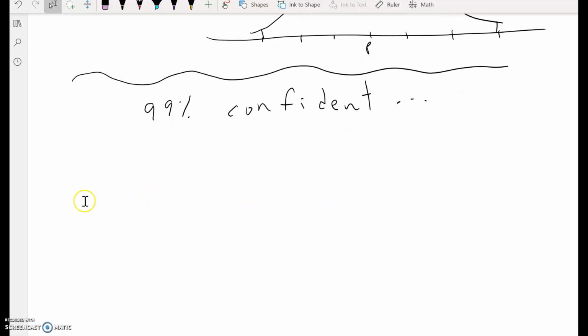All right, so let's have a definition of what exactly we mean when we say a critical value.